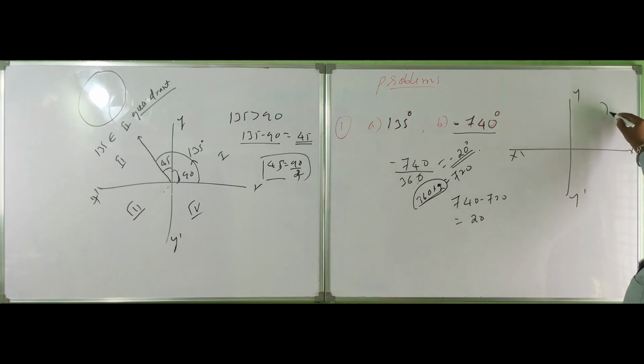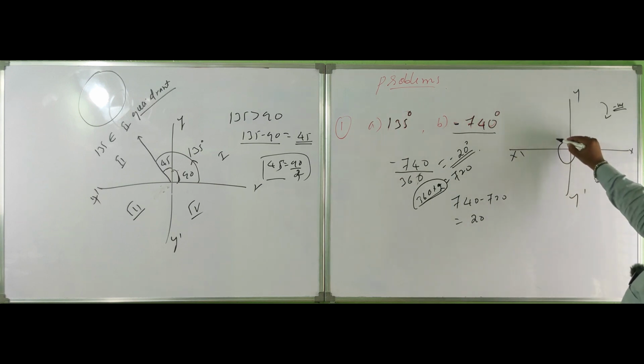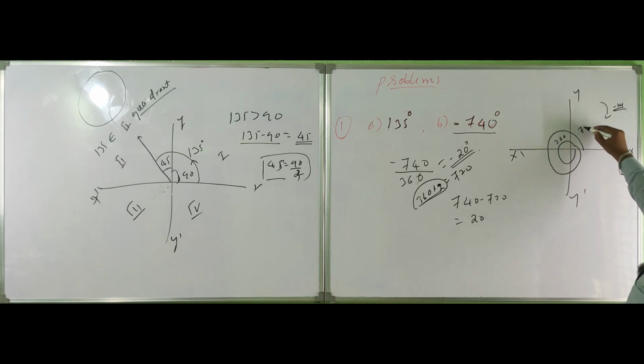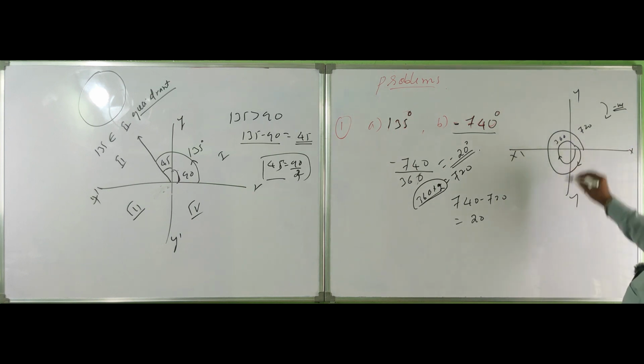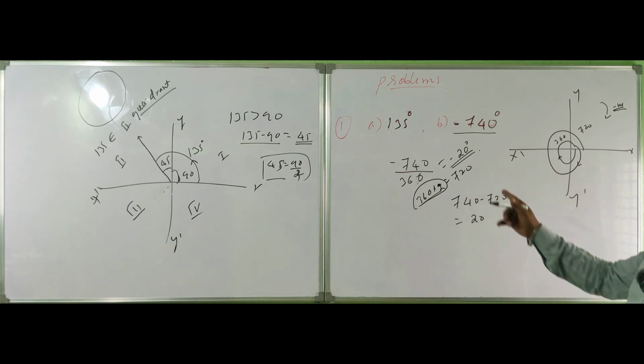One circle is completed for 360 degrees, again continuing, the second circle crosses 720 degrees, and the remaining is minus 20.